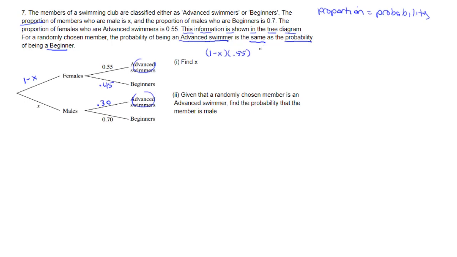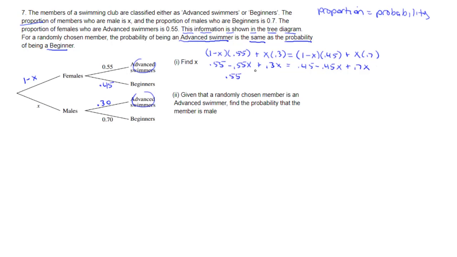And then what we're going to do is create this equation as if I was finding the probabilities of advanced swimmers and making it equal to the probability of the beginner swimmers. And you'll notice I've got a big old equation, but there's only x's in there. And once I simplify it, all I've got to do is get the x's by themselves, and I'll know what x is equal to.